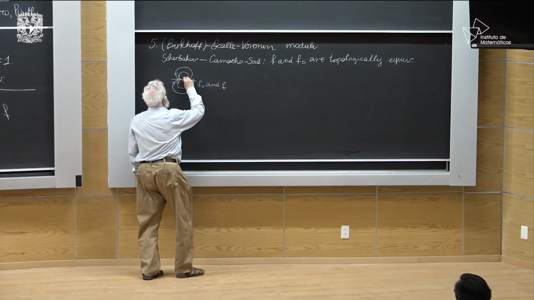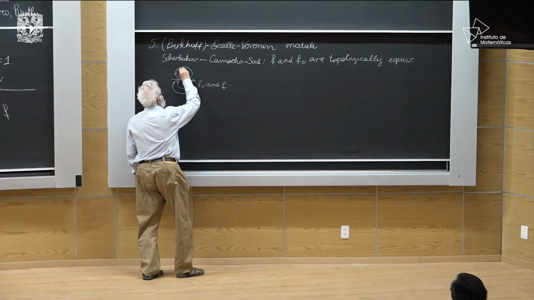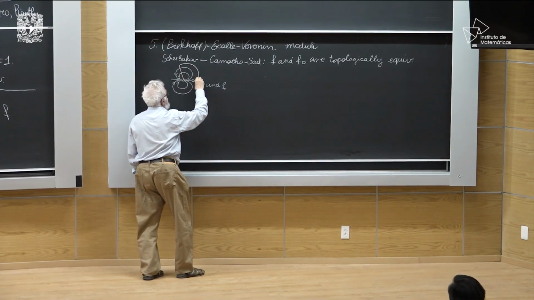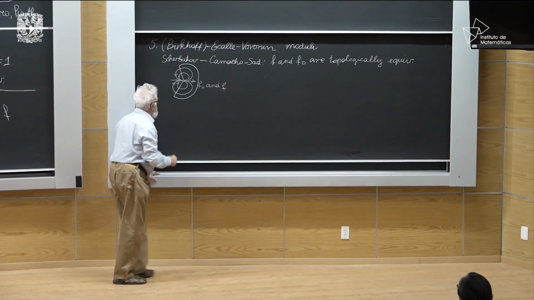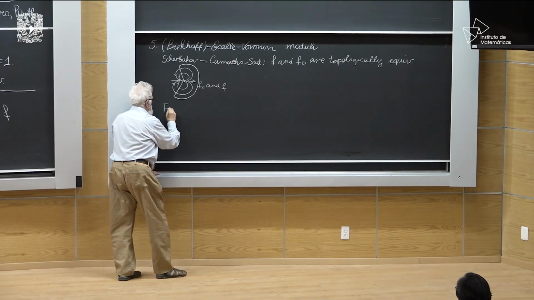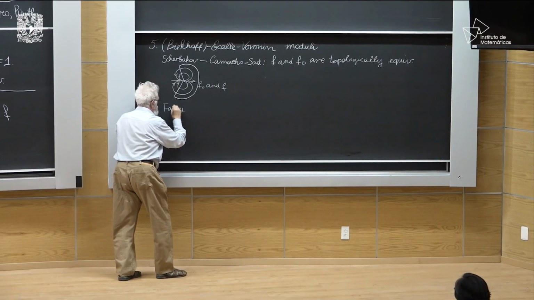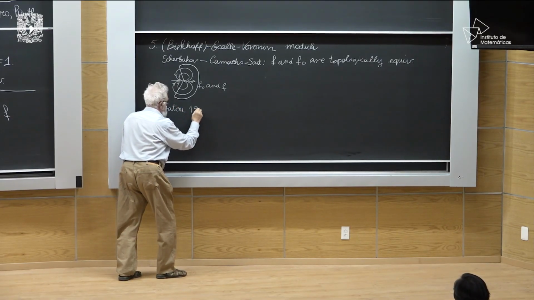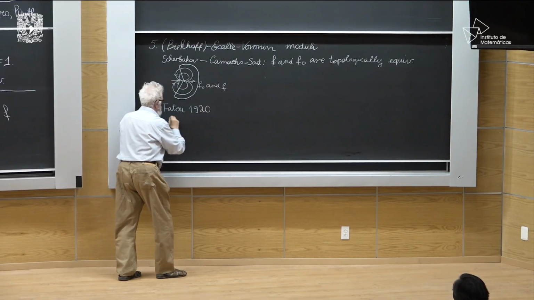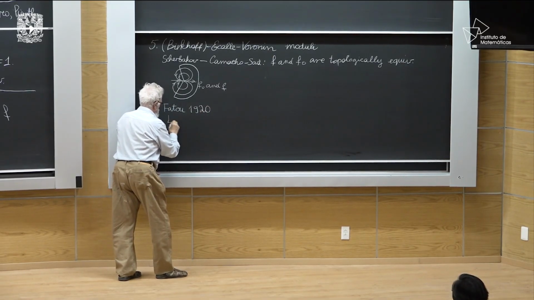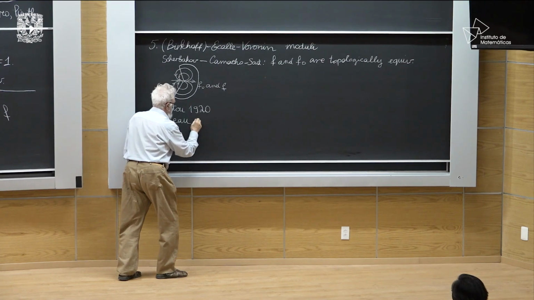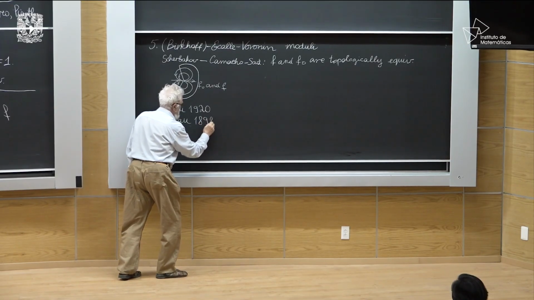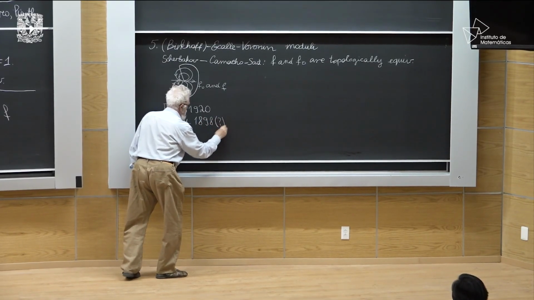So the result is the following, and this result is due to Fatou in 1920, but Frank Loret found that Leau found this result even in the 19th century, something like this.